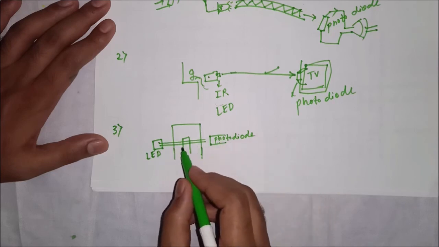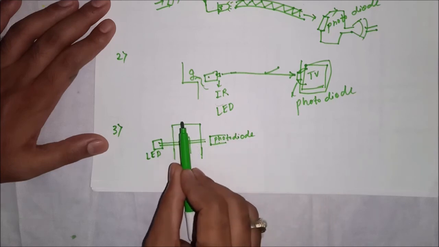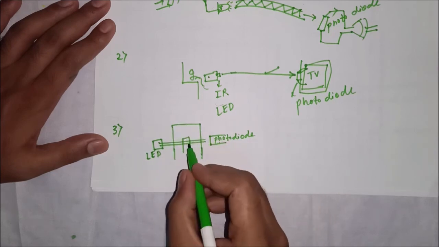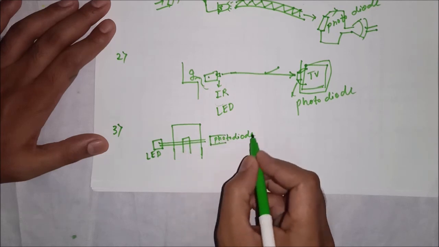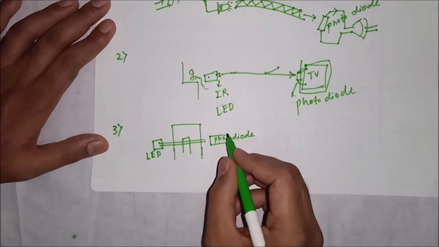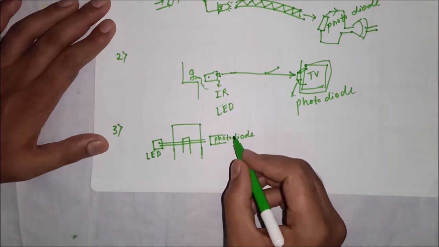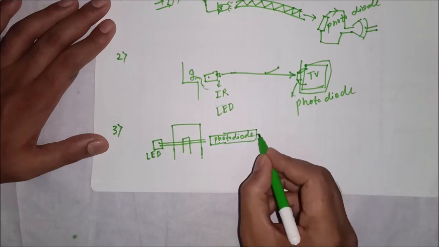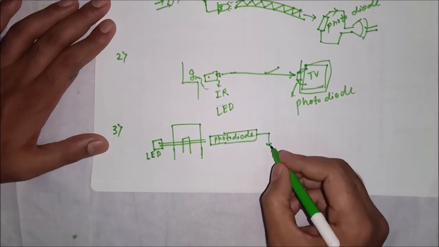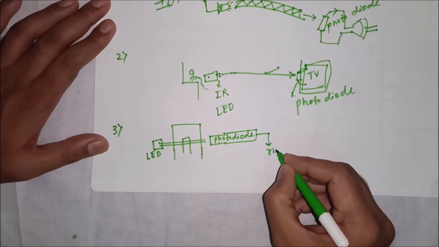So the moment the burglar enters, what happens? The light will not be received by the photodiode for some time. At that time what happens? There is an alarm here which is connected to the photodiode that rings.